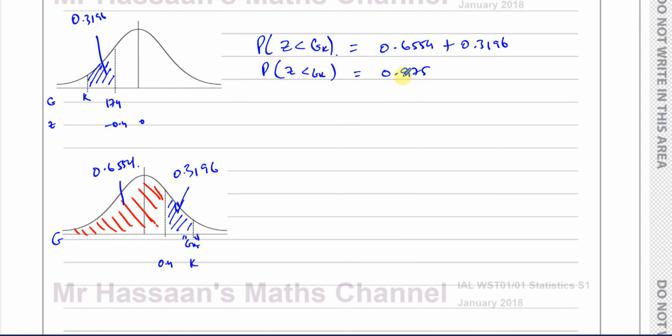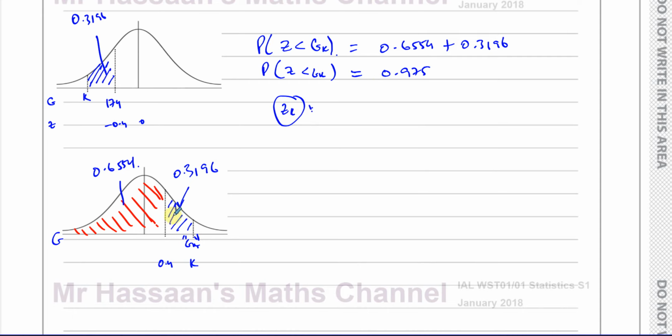All right. So we're trying to find what the value of Z is for that, right? So we can find what ZK is now.